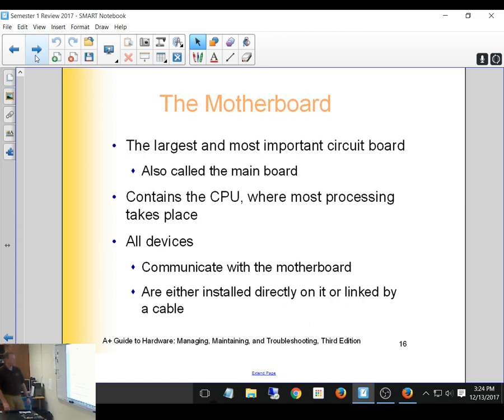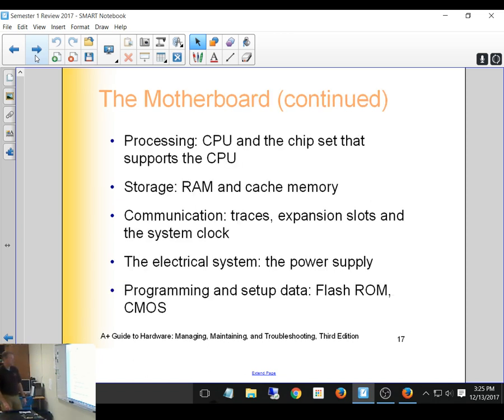So we already said this, motherboard's largest, most important part of the computer. It is what allows everything to talk to the CPU, and everything is connected to the motherboard in some way, shape, or form, allowing it to communicate with the CPU. On the motherboard, we have our chipset, which controls the flow of data to and from the CPU.